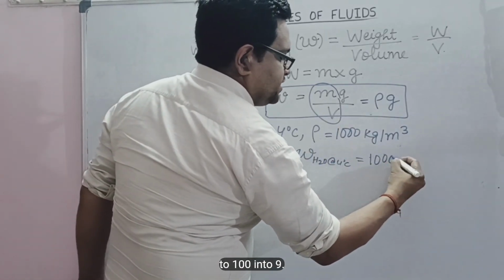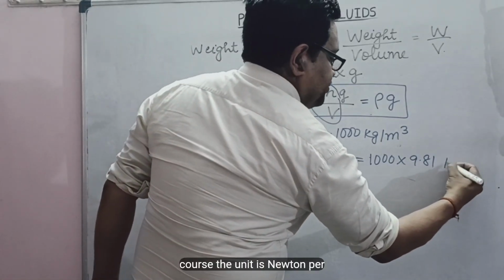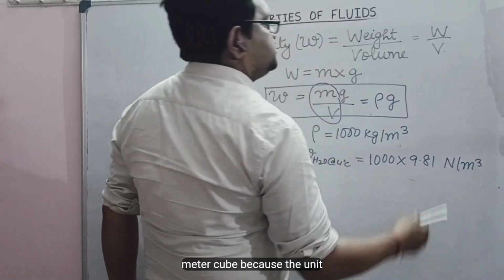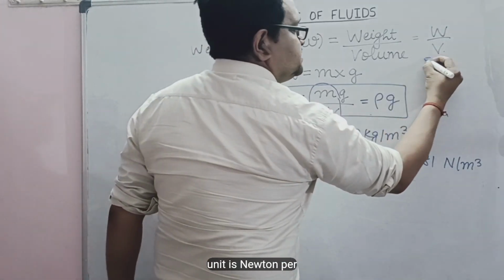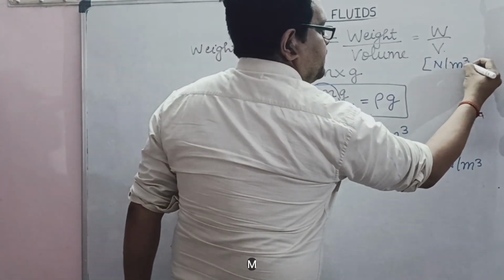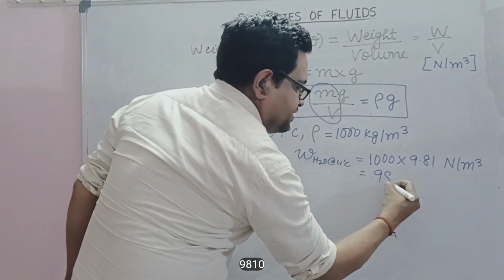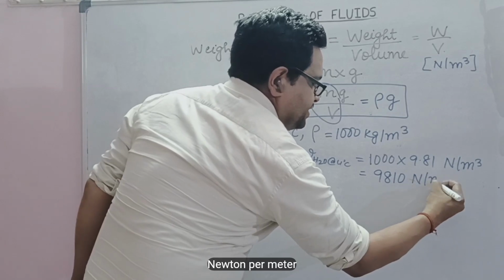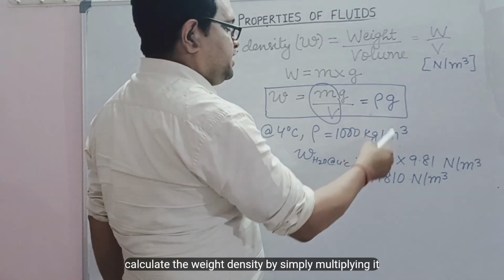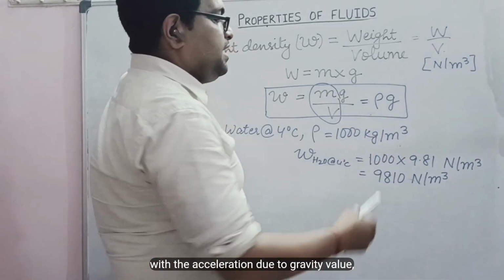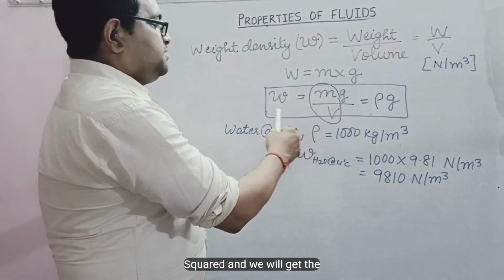So it is equal to 1000 into 9.81, and of course the unit is Newton per meter cube, because the unit of weight is Newton and for volume we have meter cube. So SI unit is Newton per meter cube. So this comes to 9810 Newton per meter cube. So if we know the mass density of the fluid, we can calculate the weight density by simply multiplying it with the acceleration due to gravity value, which is 9.81 meter per second square, and we will get the value of w.